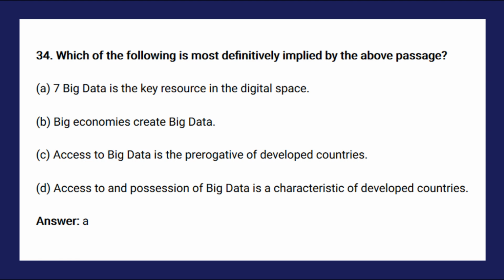Option D, access to and possession of big data is a characteristic of developed countries. Answer is option A, big data is the key resource in the digital space. I will pause for a few seconds and take the slide back so that you can go over the passage.